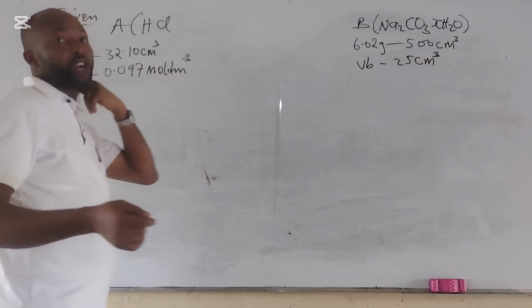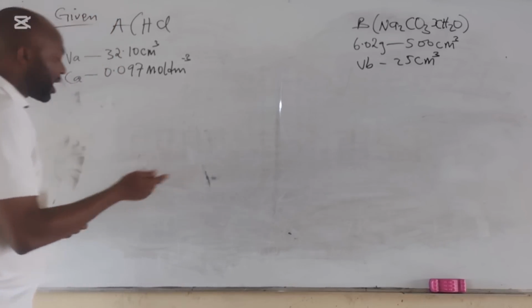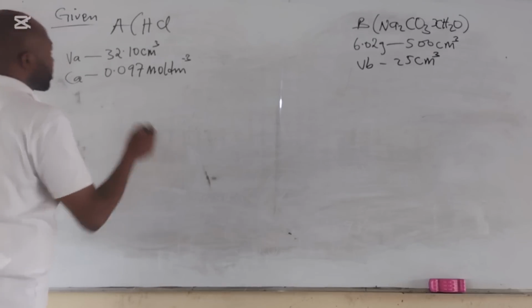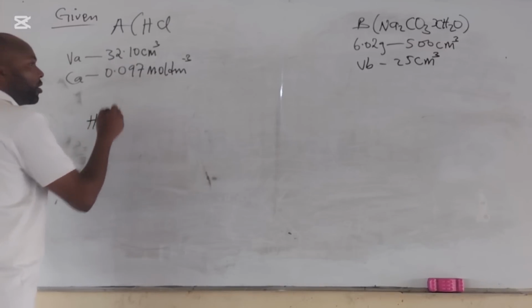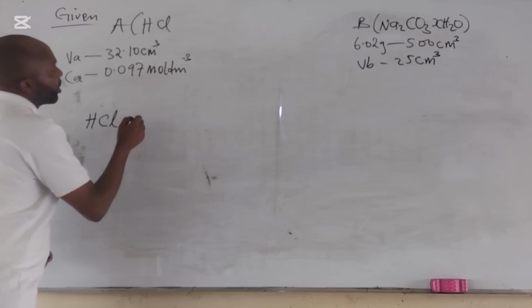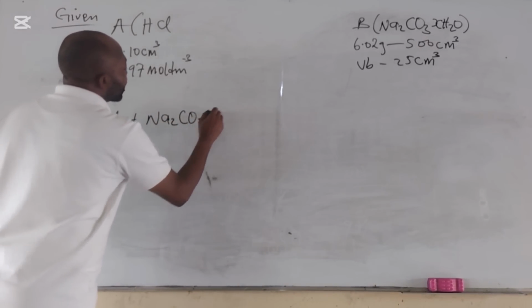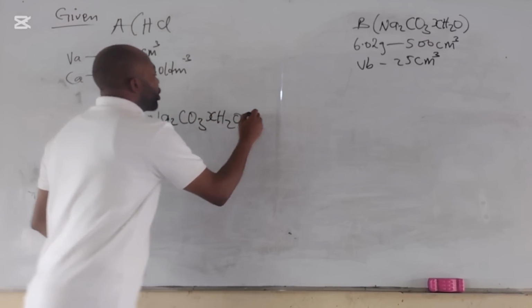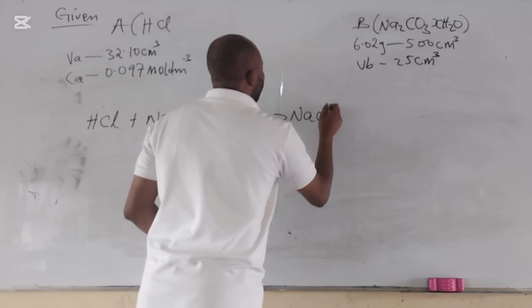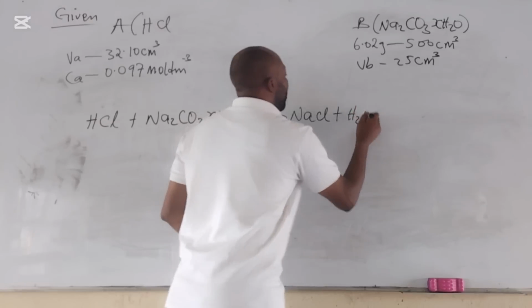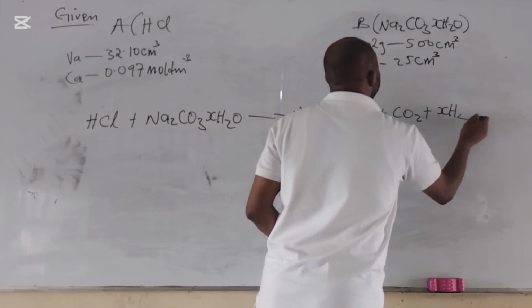You may tend to encounter those where equations of reactions are not given, so you're meant to balance them in such situations. We have HCl plus sodium trioxocarbonate(IV) with x water giving sodium chloride plus water plus CO2 plus x water.